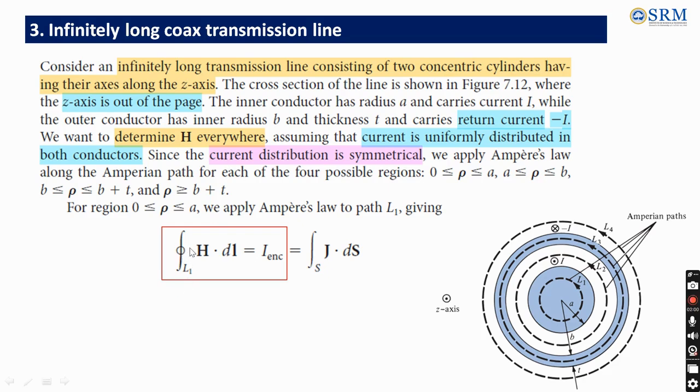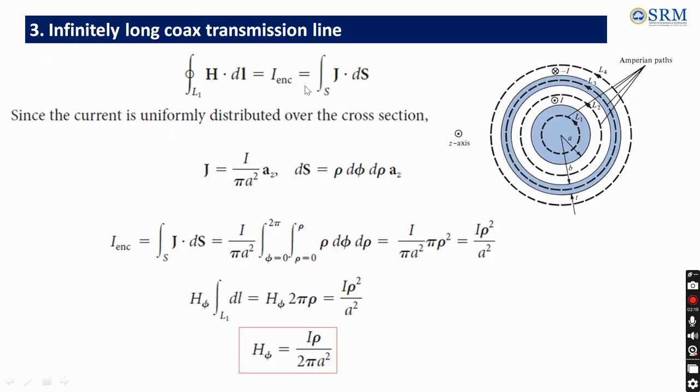So we already know the closed line integral of magnetic field intensity is equal to the current enclosed by that path. And how can I write the current enclosed? It is nothing but the surface integral of the surface current density, J dot ds.